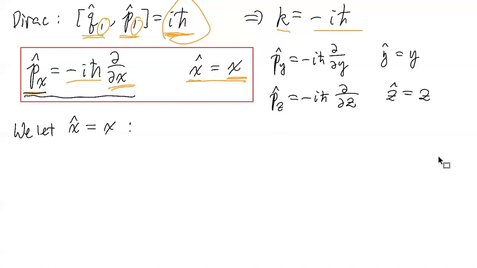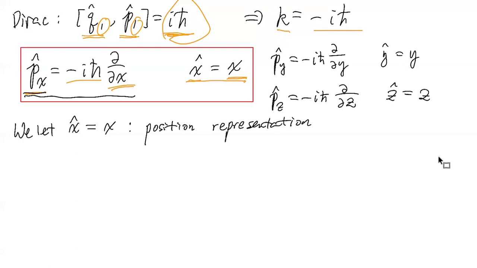And this is called the position representation. This is actually very common for molecular quantum mechanics. Chemists usually like to use this position representation.